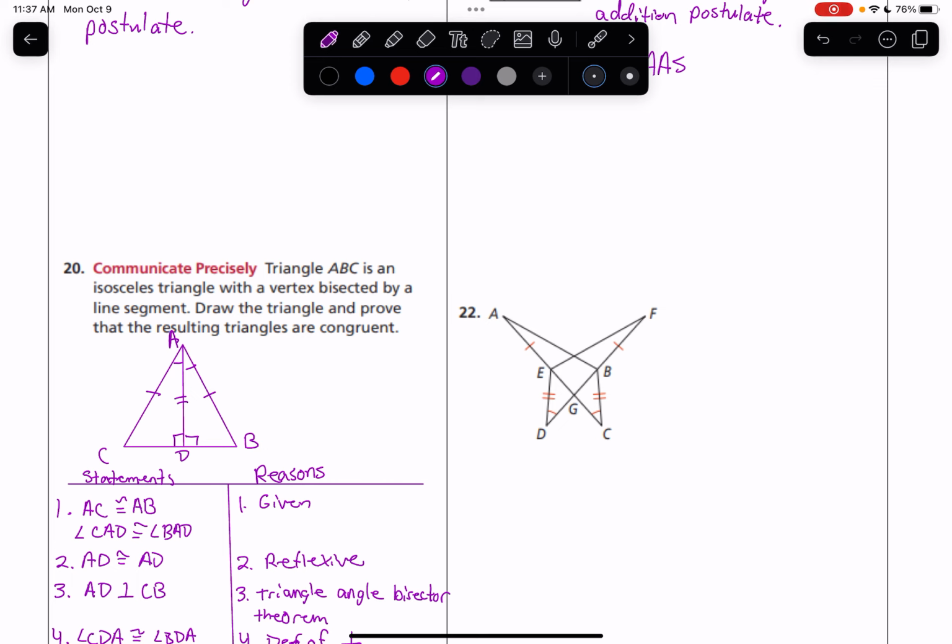I think I'm going to show, and I'll highlight these for you, that triangle ACB or ABC is congruent to triangle FED.